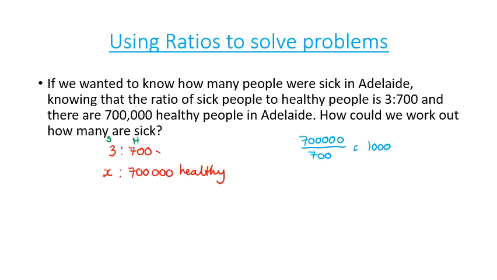So we've multiplied by 1,000 in our ratio. This is just an equivalent ratio. And whatever we do to one side, we have to do to the other. We know that 3 times 1,000 is 3,000. So our X value is 3,000, which means there are 3,000 sick people in Adelaide.